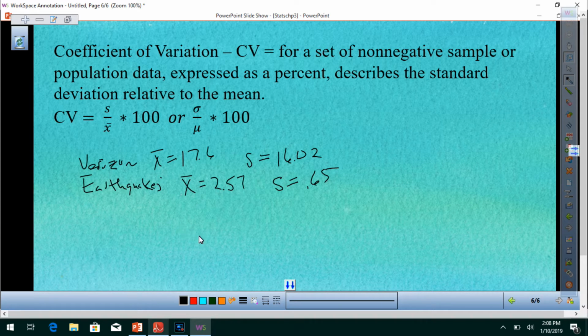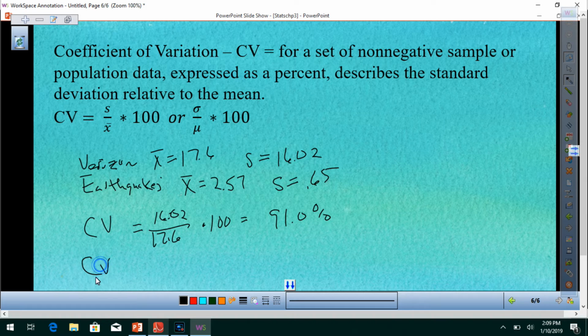The coefficient of variation for Verizon is S, 16.02, divided by X bar, 17.6, times 100, which equals 91.0%.